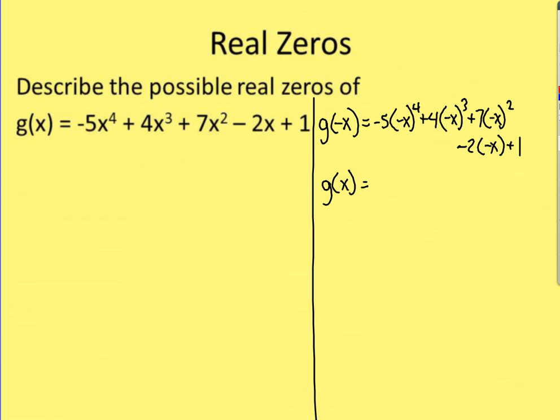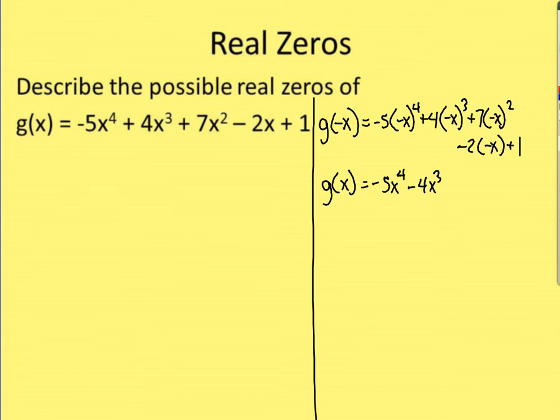So negative 5 times a positive x to the 4th is a negative 5x to the 4th. Negative x to the 3rd power stays negative. So negative x cubed times a positive 4 gives us a negative 4x cubed.